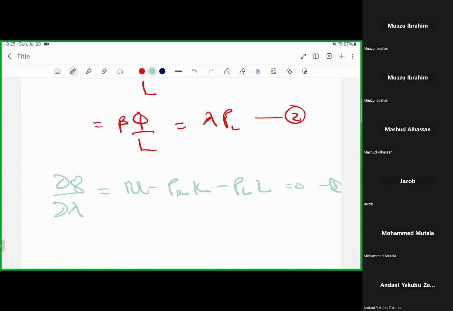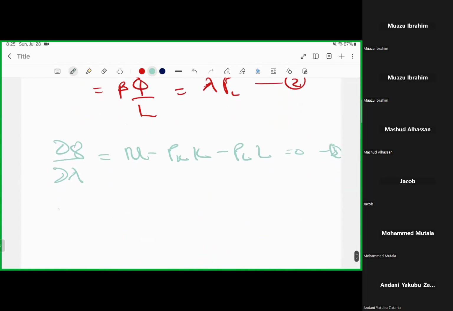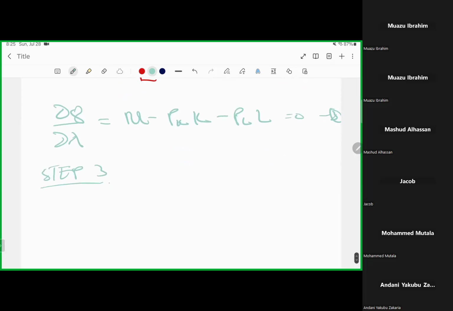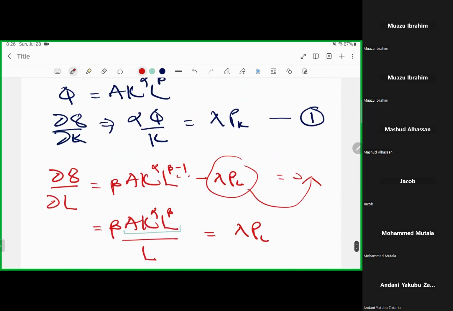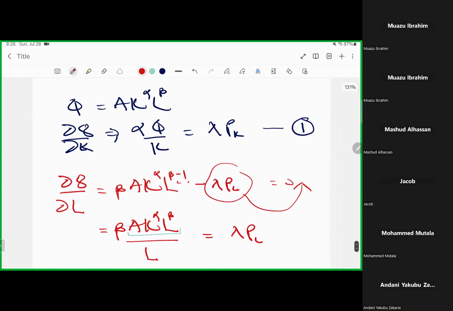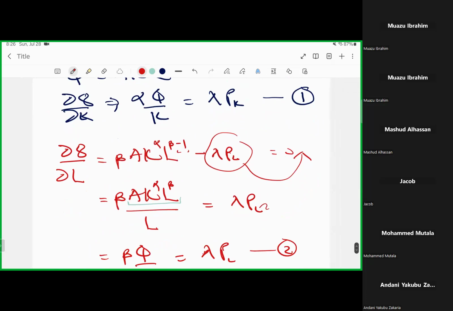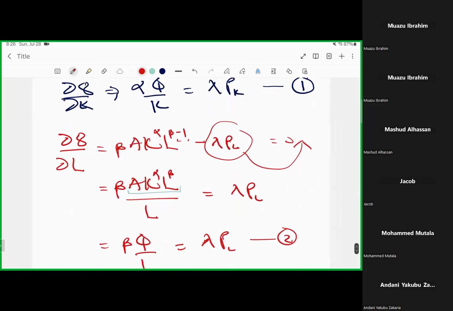So we can solve them simultaneously. Here, please note, step 3: we solve them simultaneously. To solve simultaneously, you will realize that we have lambda in equation 1. We also have lambda in equation 2. And the two must be the same.